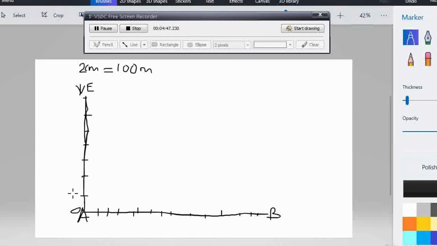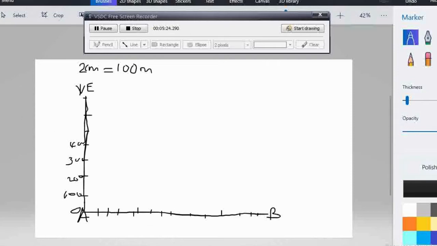The second will now be 100 meters, 200, 300, 400, as the case may be.